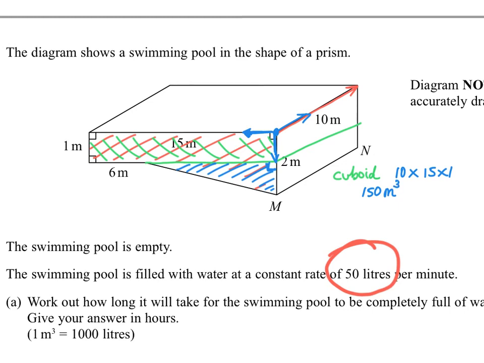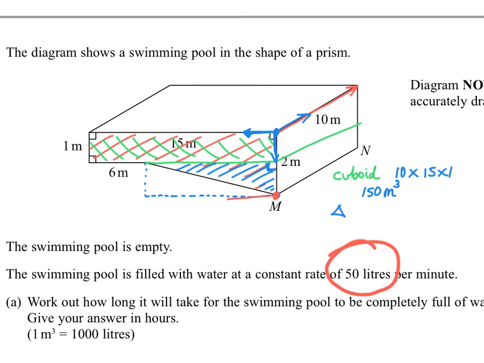Now, the triangular part is always going to be a problem for people, but if you just imagine that it's a cuboid halved, then there should be no problem. So if we look at the triangular prism, again, pick a point here, do a different colour.